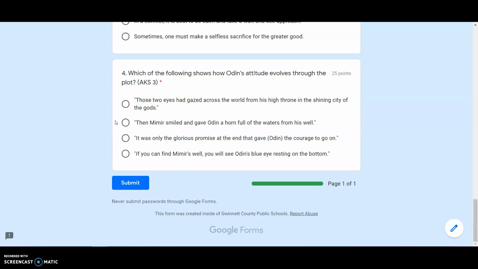Choice B, then Mimir smiled and gave Odin a hornful of the waters from his well. C, it was only the glorious promise at the end that gave Odin the courage to go on. Or D, if you can find Mimir's well, you will see Odin's blue eye resting on the bottom. Go ahead and answer question 4.